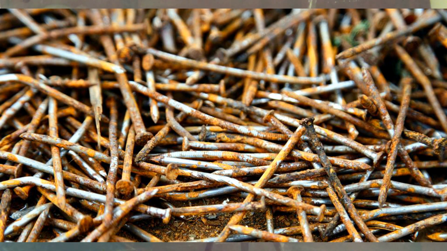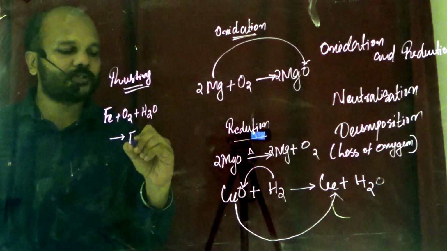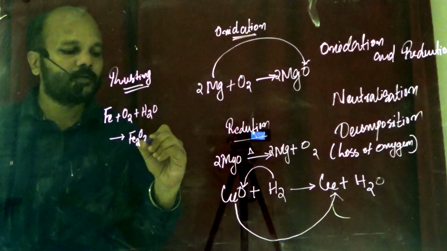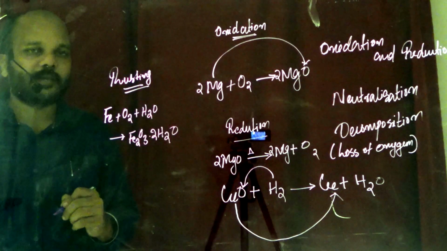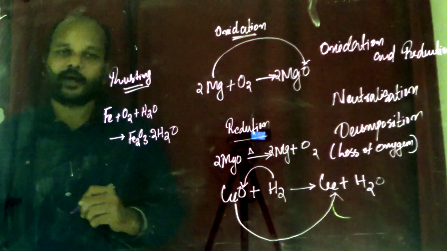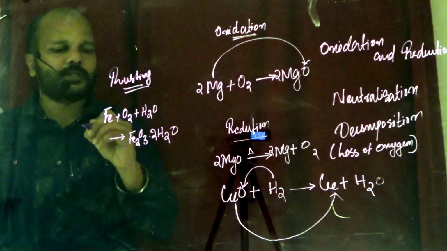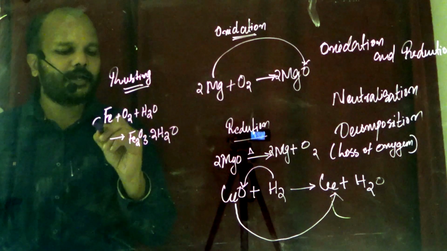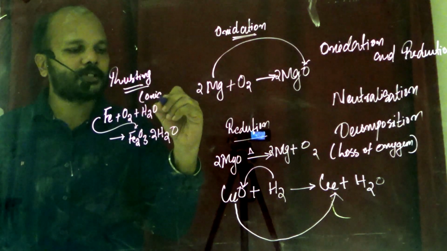When iron or any metal reacts with oxygen and water, it is going to form Fe2O3 and water. So this is what is happening in rusting. Here the iron has gained oxygen, so this is an example of oxidation.